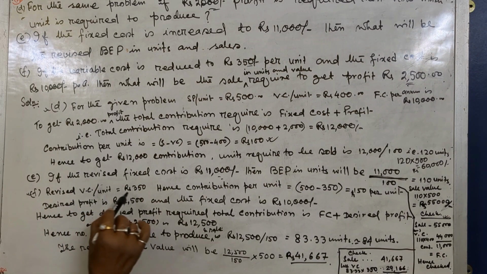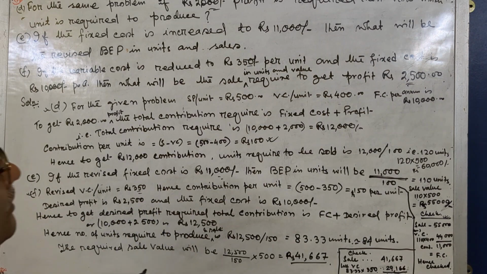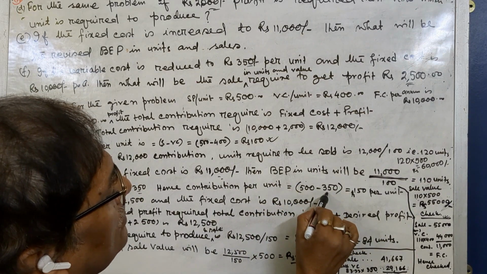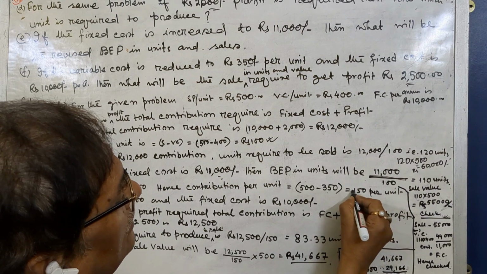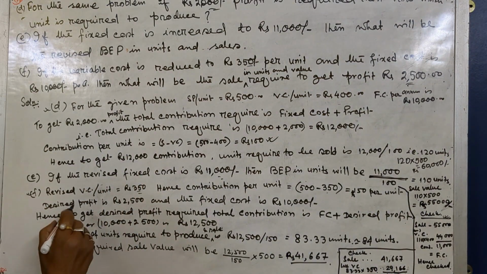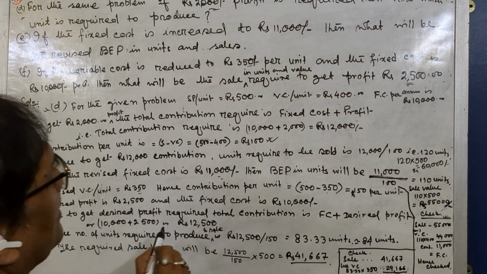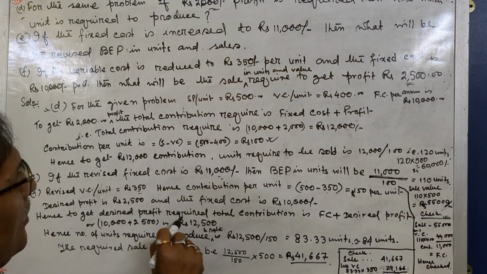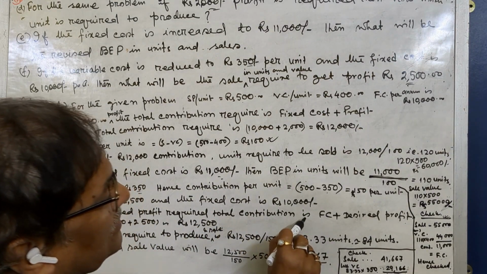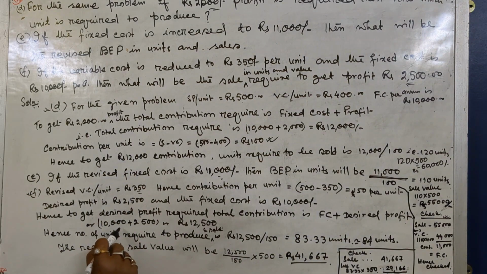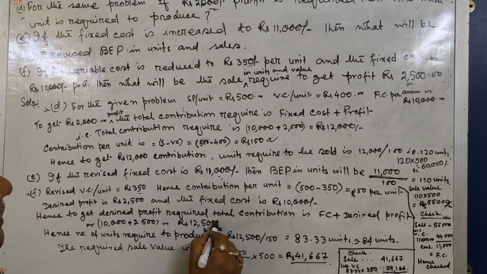So the revised variable cost per unit is 350. Hence contribution per unit, sale price minus variable cost, is rupees 150 per unit. Desired profit is 2,500 and the fixed cost is 10,000. Hence to get the desired profit, the required total contribution is fixed cost plus desired profit, that is 10,000 plus 2,500, 12,500.